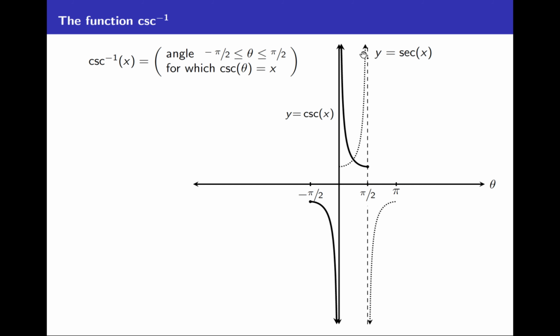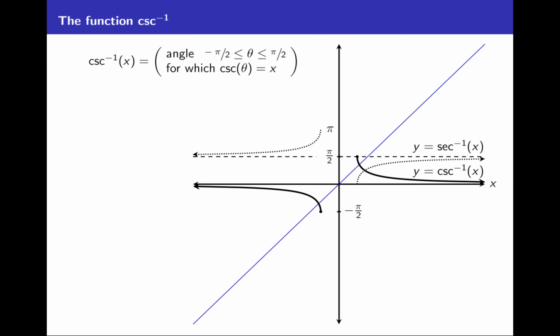So dotted, I've drawn the graph of y equals secant x with its restricted domain, theta between 0 and pi here. And we're going to look at the inverses of these two functions by reflecting both of them across the line y equals x. And in so doing, the situation looks like this.